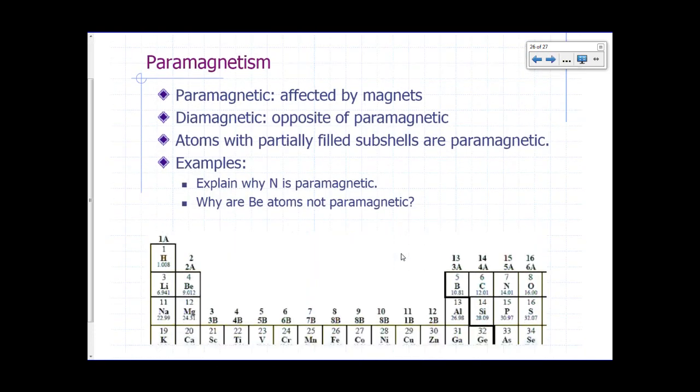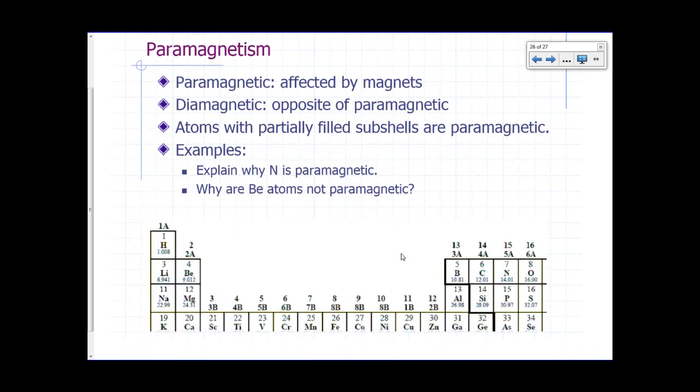Okay. Now atoms that are affected by magnets are called paramagnetic, and those that are not are called diamagnetic. And the explanation for paramagnetism has to do with unpaired electrons. So anytime you have unpaired electrons, so that means atoms with partially filled subshells, you will have an atom that's paramagnetic. So to explain why nitrogen is paramagnetic, here's nitrogen right here.